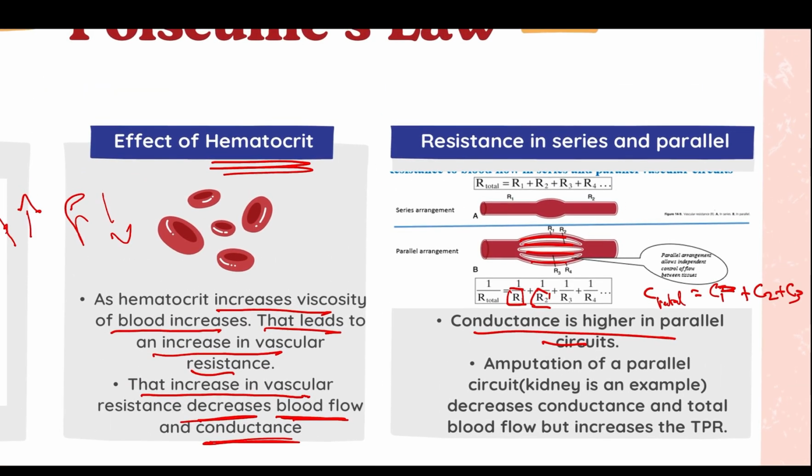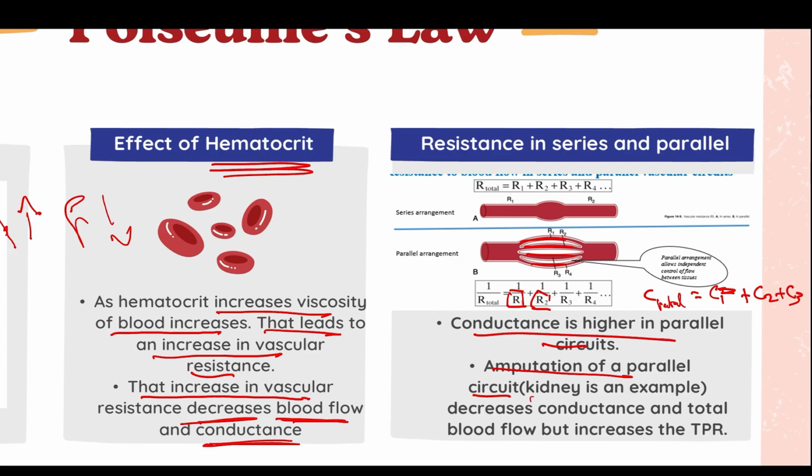The amputation of a parallel circuit, the kidney is an example, would decrease the conductance and the total blood flow, but that would increase the total peripheral resistance. See how, whenever conductance decreases, total peripheral resistance increases. And whenever conductance decreases, blood flow decreases. They go hand in hand, they go together.